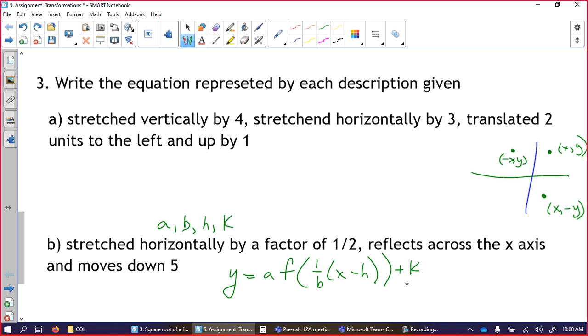So you can identify, and if it's a reflection, you're just putting a negative. It's not officially, and it's not really, but you usually end up sticking it in front of the A or the B value.